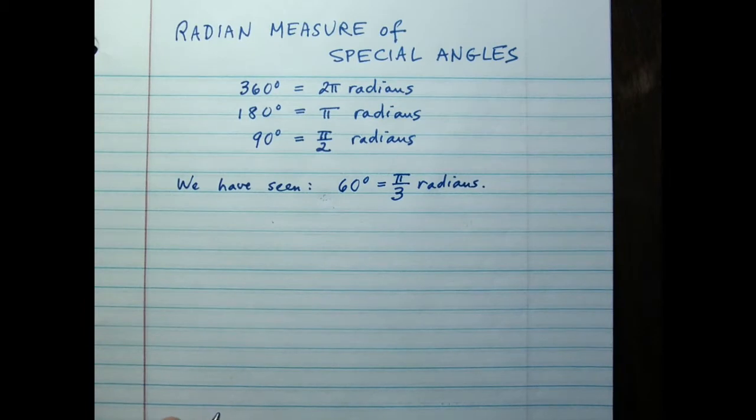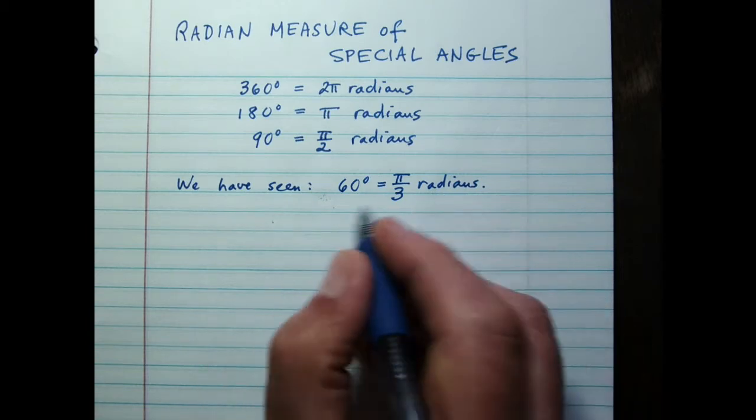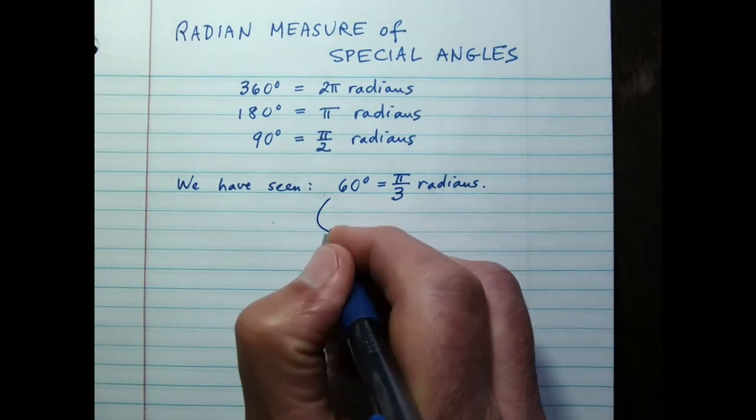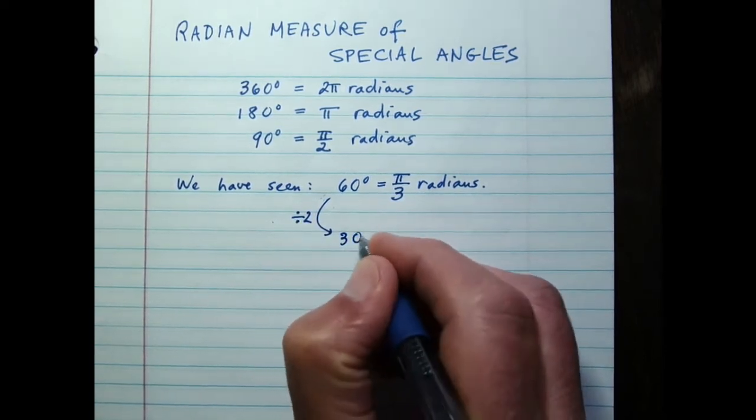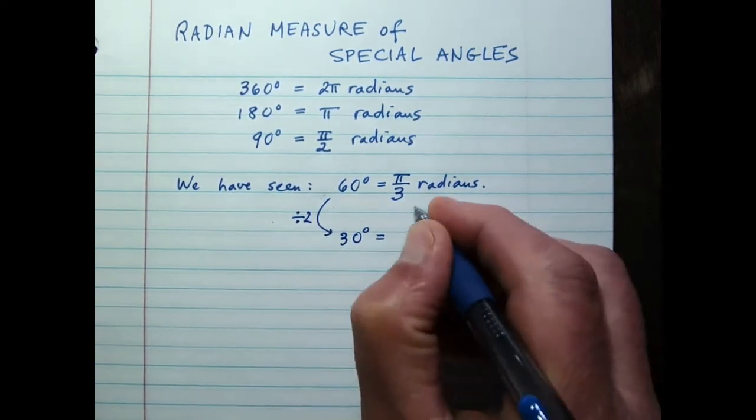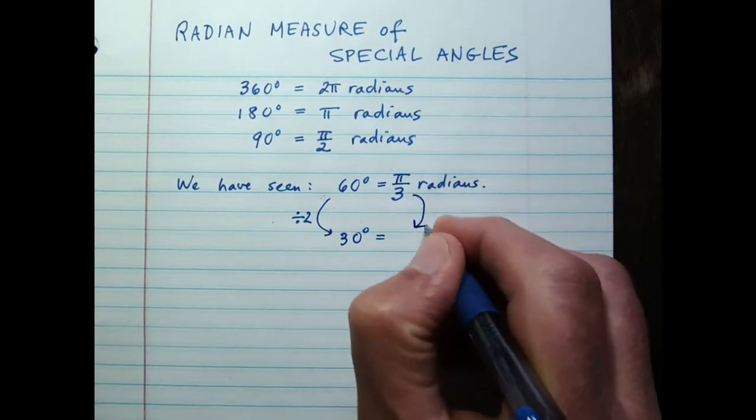And I want to talk about those two other special angles, 30 degrees and 45 degrees. If I take 60 degrees here, by the way, and divide by 2, I get 30 degrees. So do the same thing here.